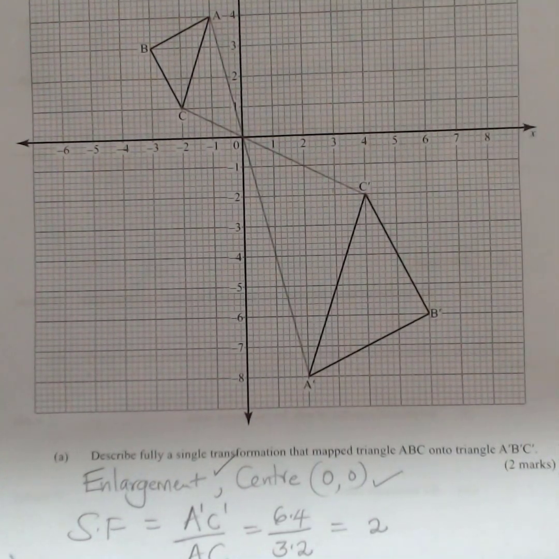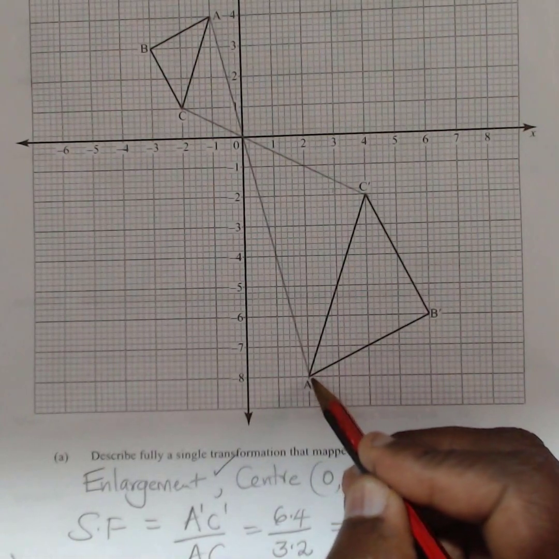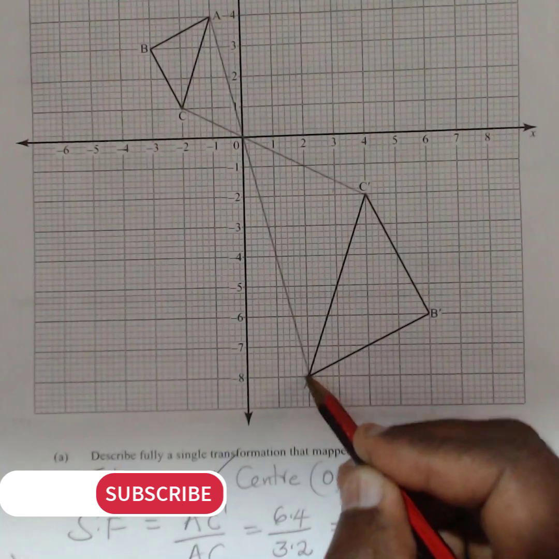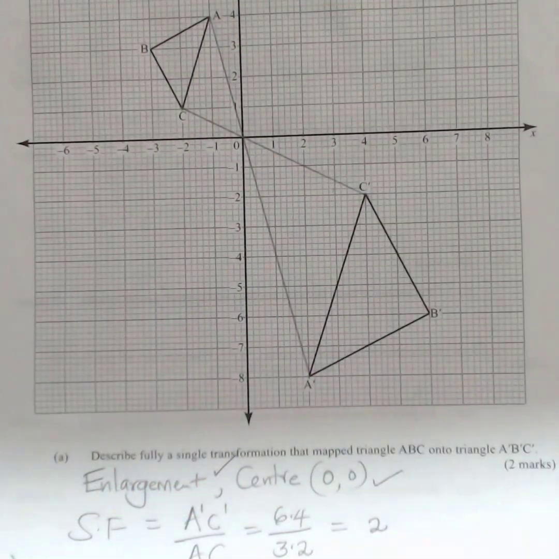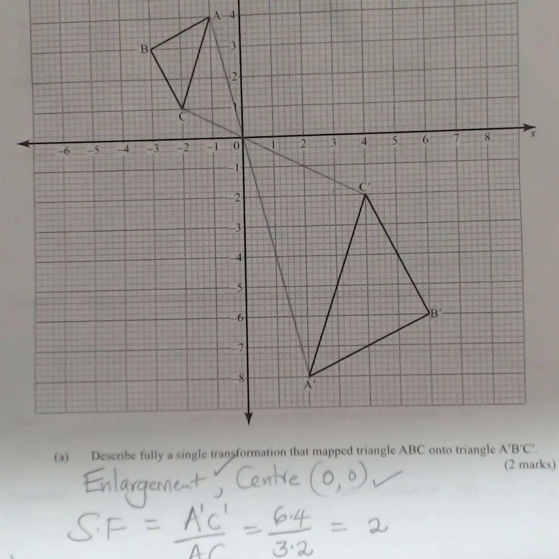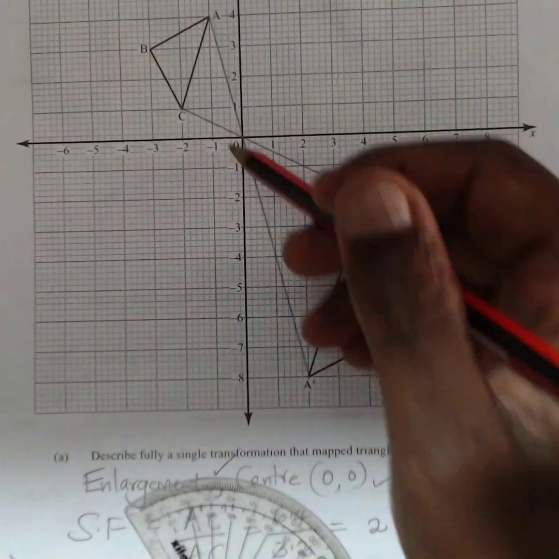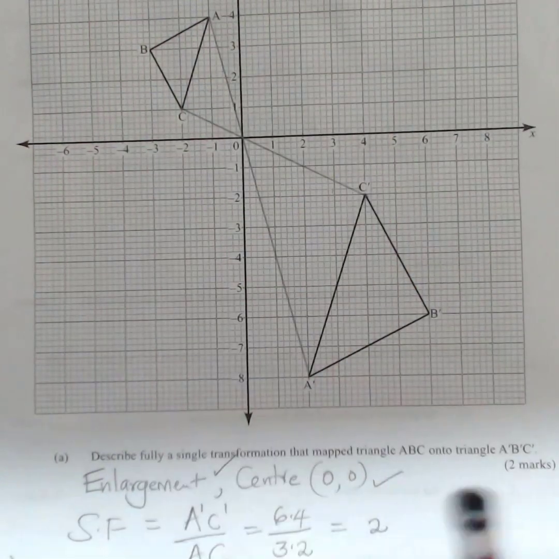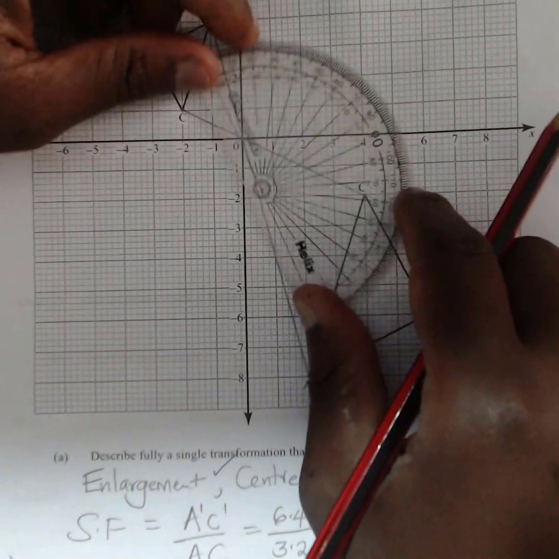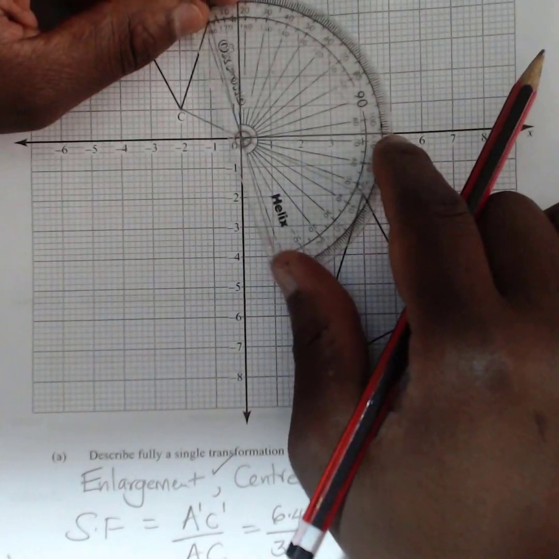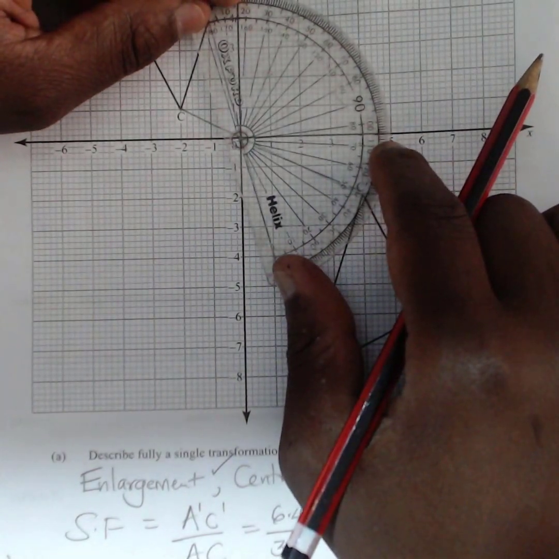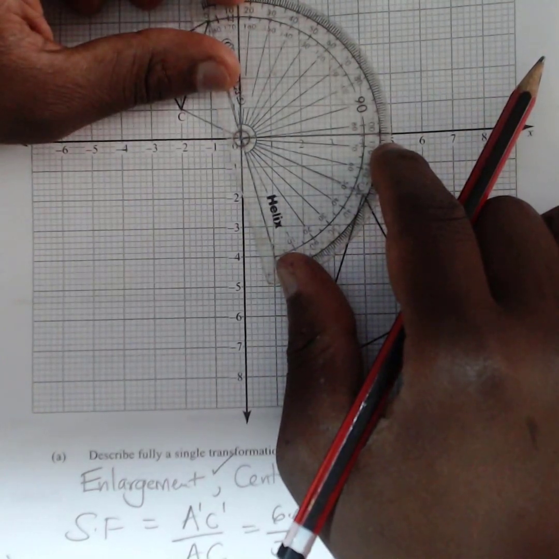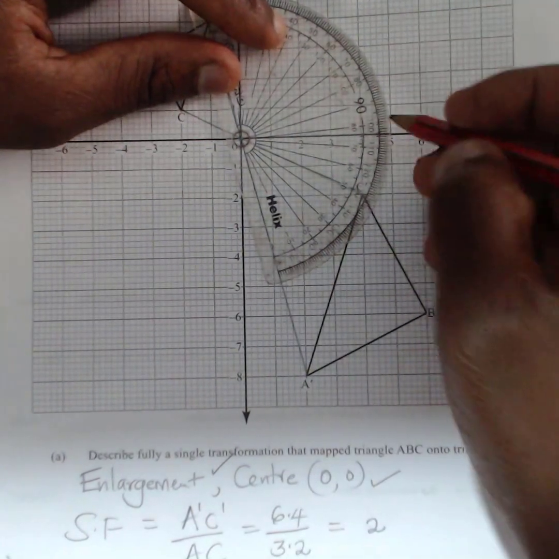Just join each point. Let's rotate A through +90. This is A prime. Join it to the center. That one is already joined. Then place your protractor and measure 90 degrees.